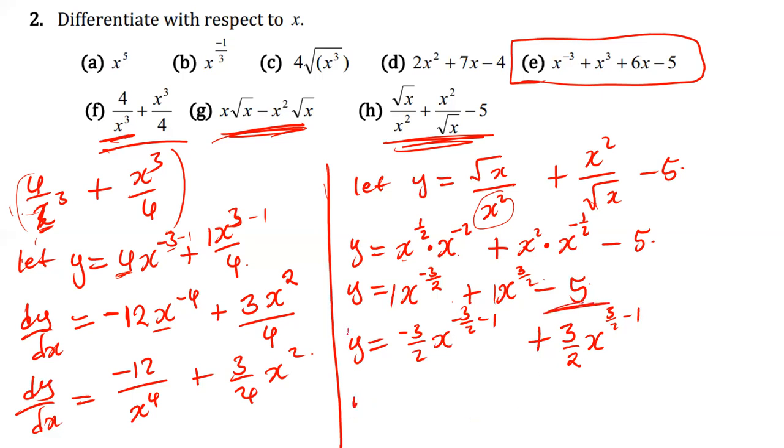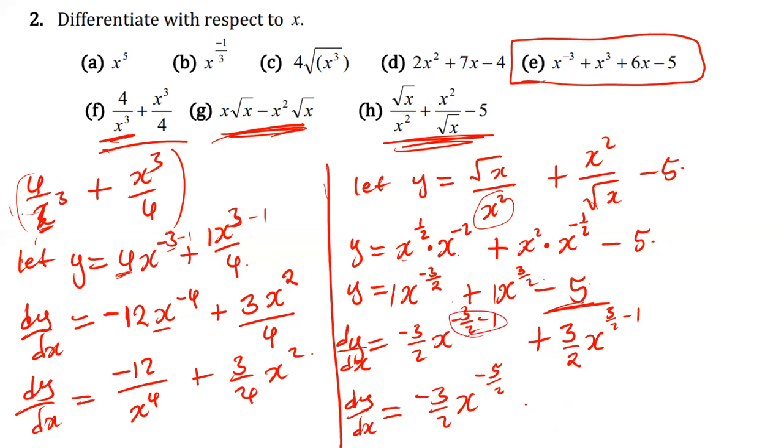So dy/dx is now going to be equal to negative 3 over 2, and then x to the power, when you subtract negative 3 over 2 and negative 1, you get negative 5 over 2.